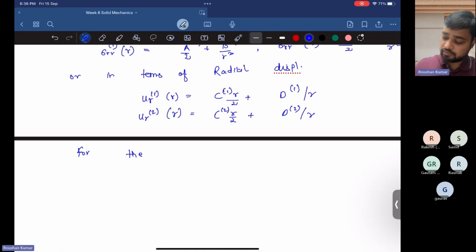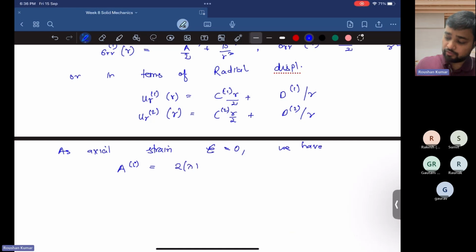So we can say that as axial strain, that is epsilon, equal to 0, we have A at 1, or we say A at i, given by 2 times lambda plus mu times C1 Ci, and B at i equal to minus 2 mu di.